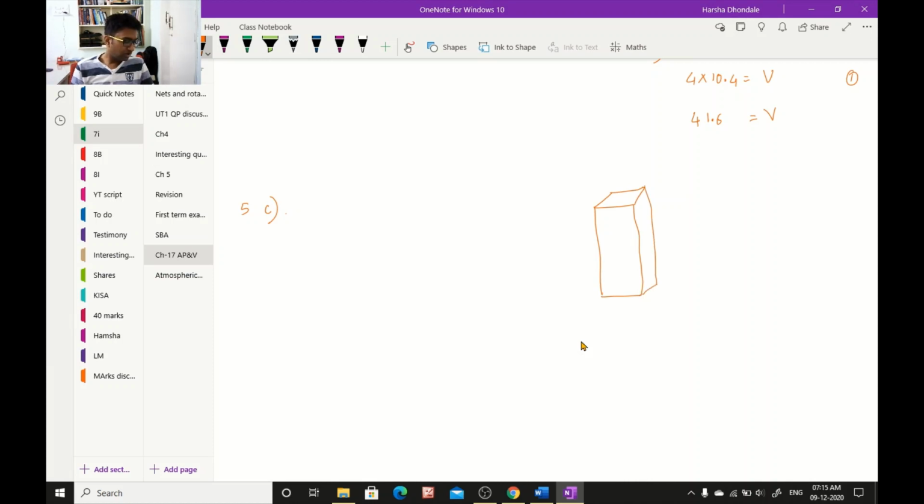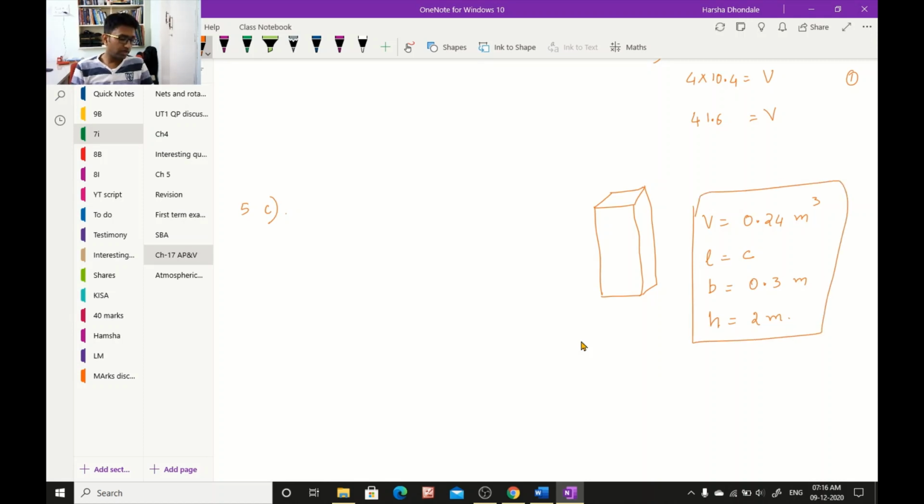Now the volume of this cuboid is 0.24 meter cube, and then the length he's given it as C, breadth or width, he's given it as 0.3 meters, and then height is 2 meters. Please see the diagram in the textbook. He's not given it like that. Now I have written it like this.